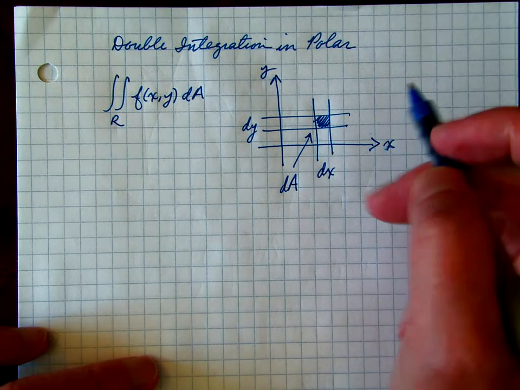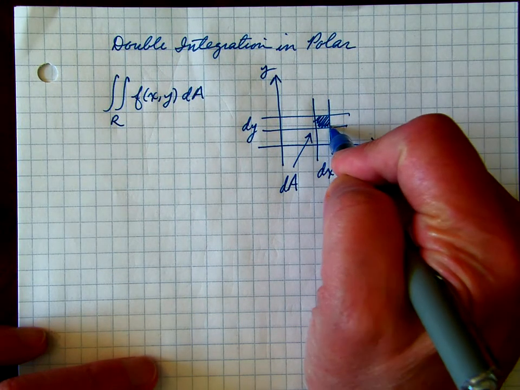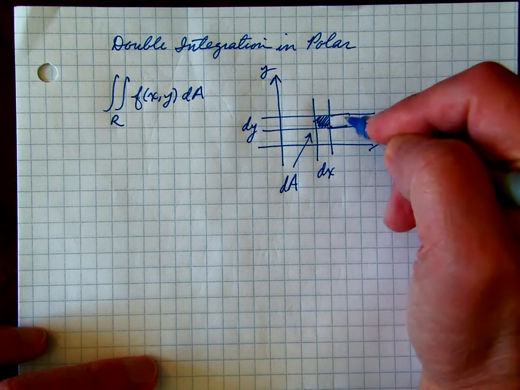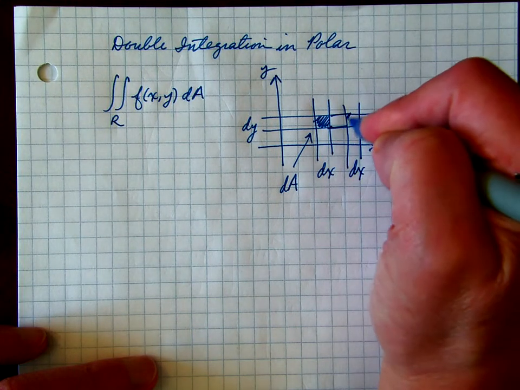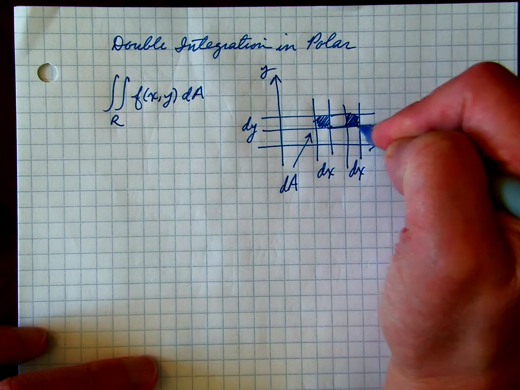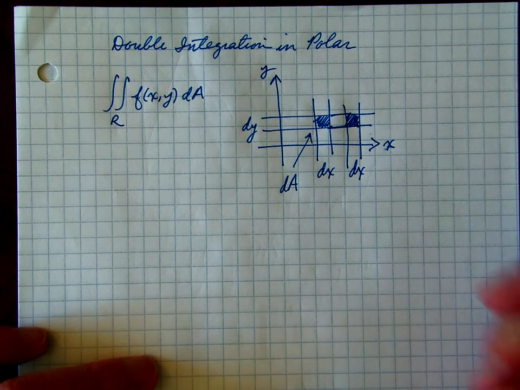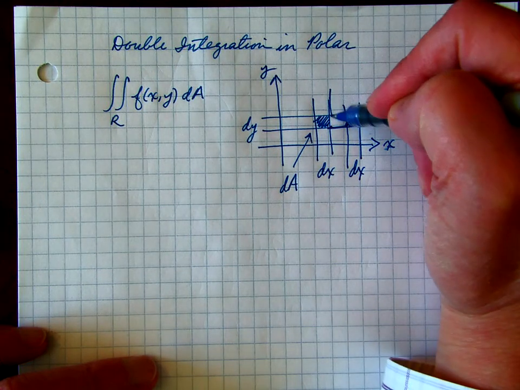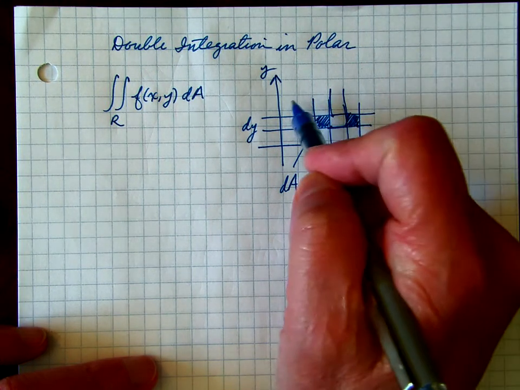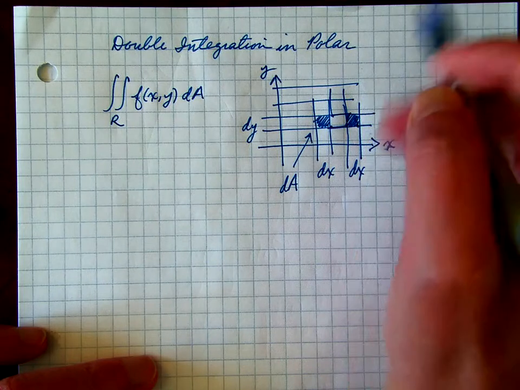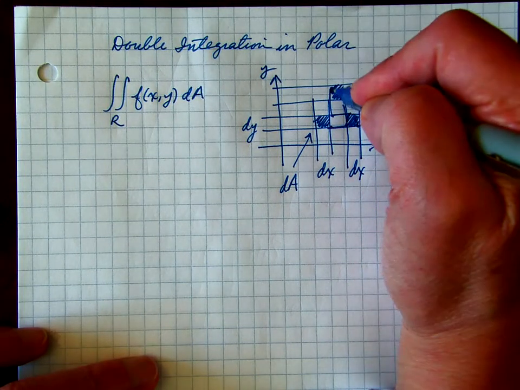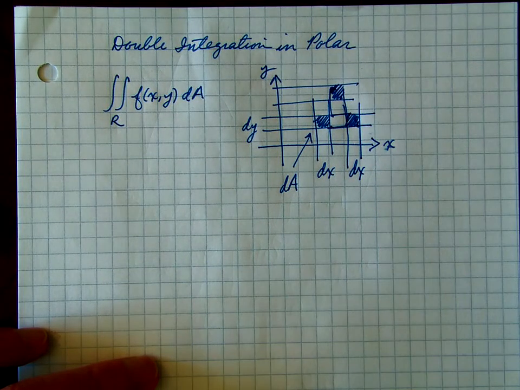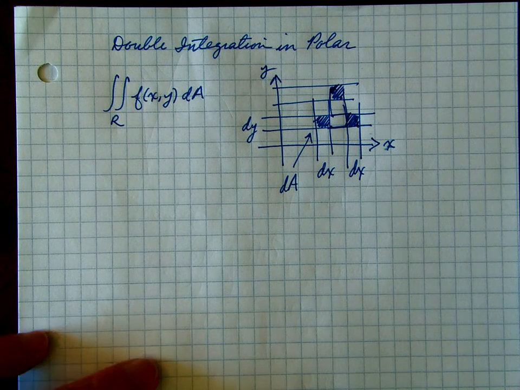But if we were to choose to go out farther and put dx here, if we left dy the same, we'd have the same little rectangle. And we could go up if we wanted to and slice dy up here, and we would still get a nice little rectangle. In other words, dA is not affected by its location in the coordinate system.